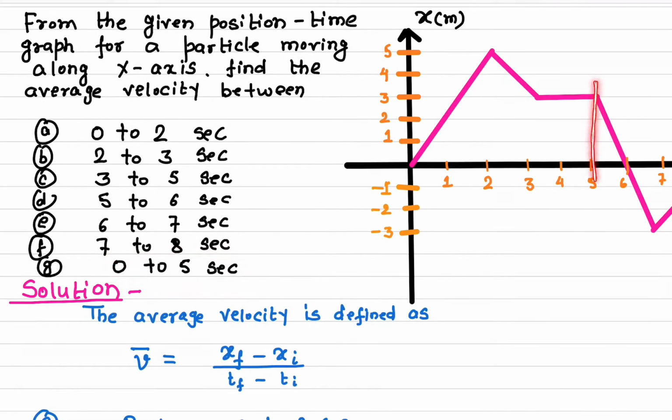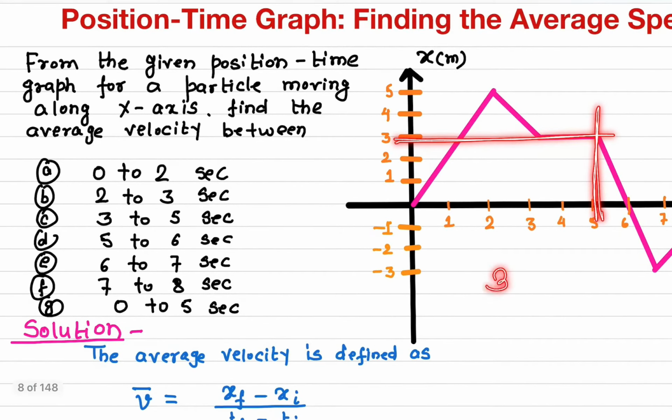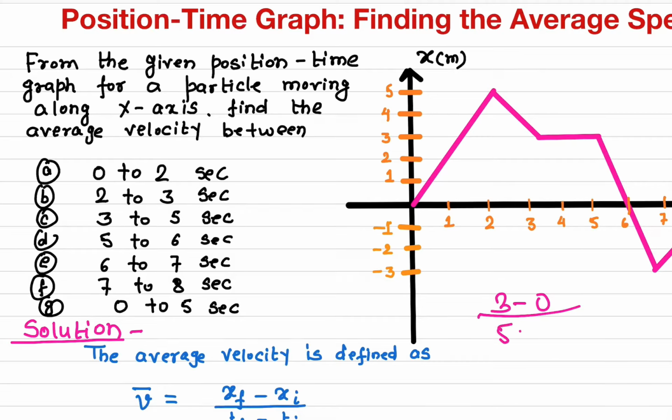At time equals to 5 seconds, the position is 3. So let me write down here 3. And at time equals to 0 seconds, the position is 0. Divided by the time at this point, which is 5 minus 0.